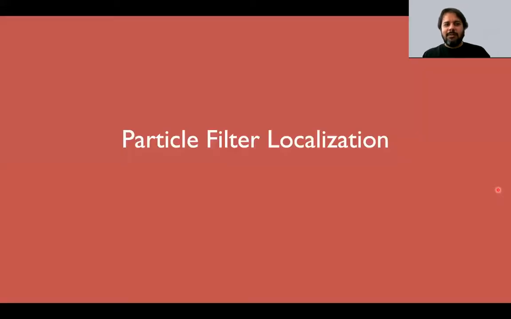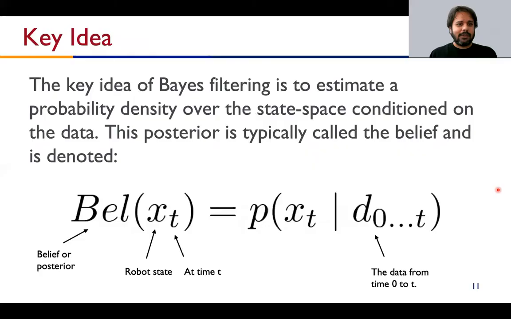All right, so let's talk about what particle filter localization is. I hope the setting of the localization problem, at least in terms of the inputs and outputs, is clear. So once again, not surprisingly, we go back to this idea of Bayes filtering, which we spent a lot of time talking about in our SLAM video or lecture.